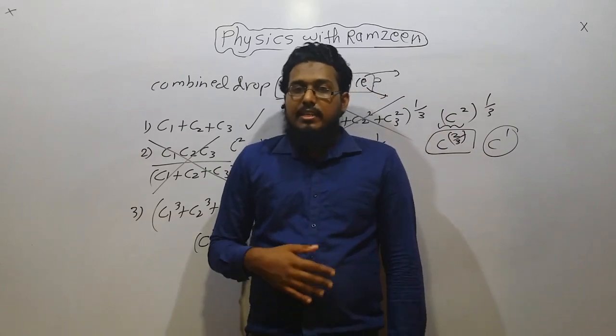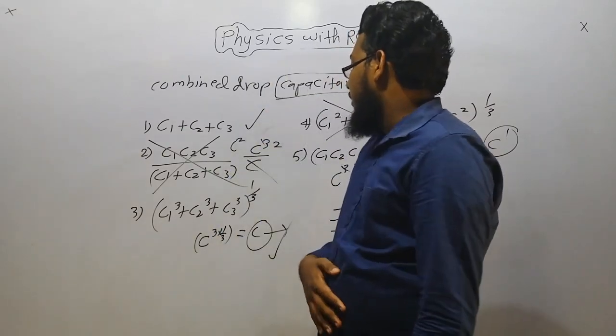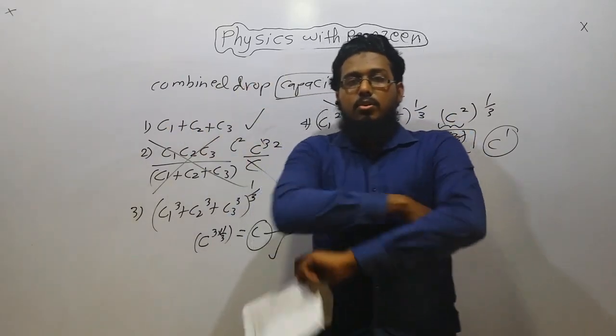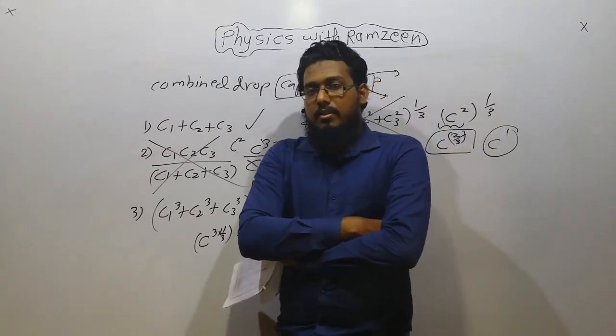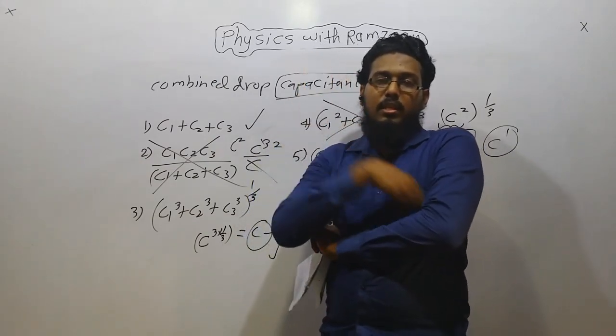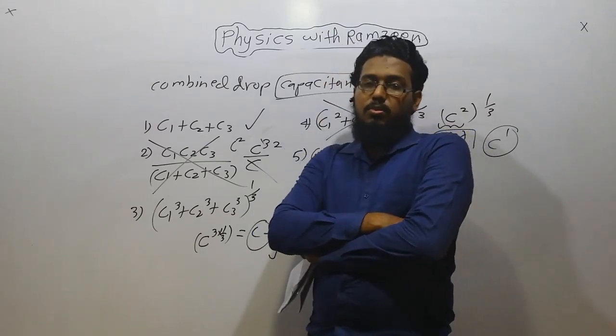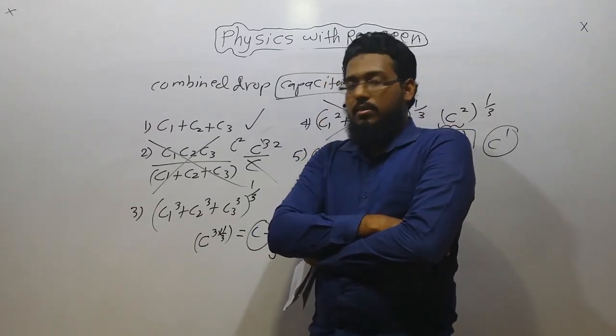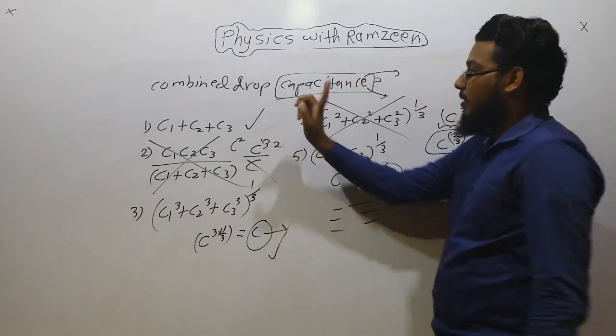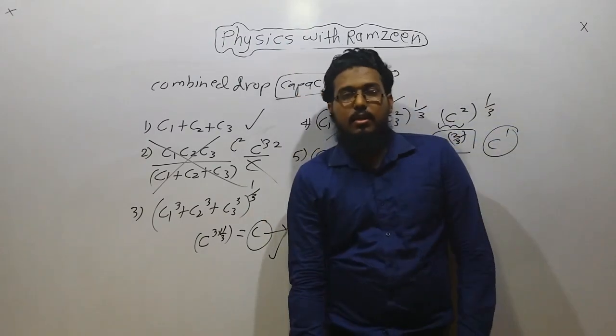When the question consists of 5 answers and only 3 satisfy, then finally I can say the other two are not satisfied. So you can eliminate with the help of units and dimensions.